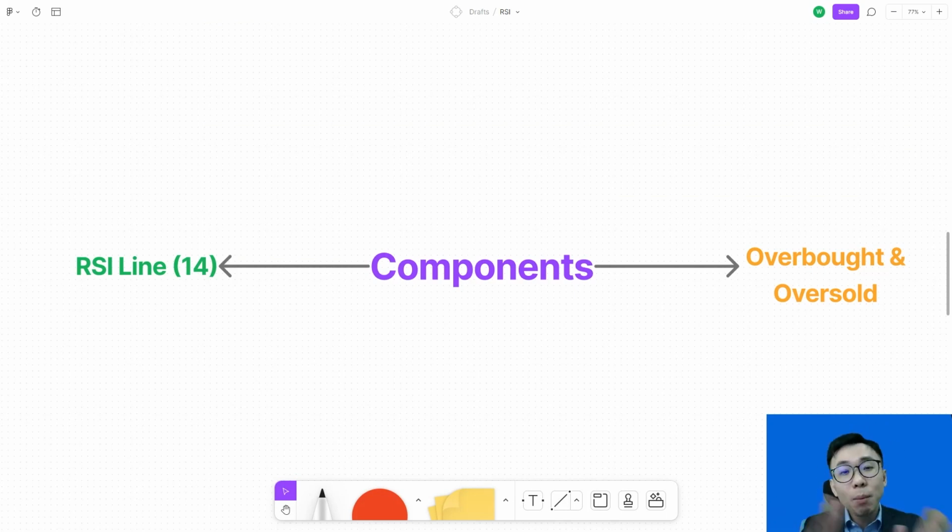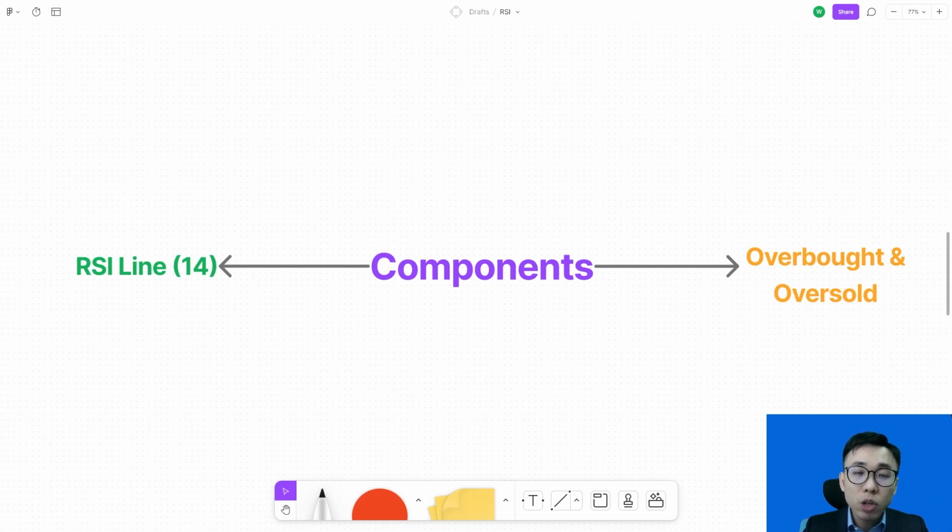Number one is the overbought and oversold that I've just explained earlier. And number two is the RSI line, which is known as the indicator line or the main signal line for this indicator. The RSI line is set by default to 14 periods, which means it will calculate the price momentum for 14 periods before the current price occurs.